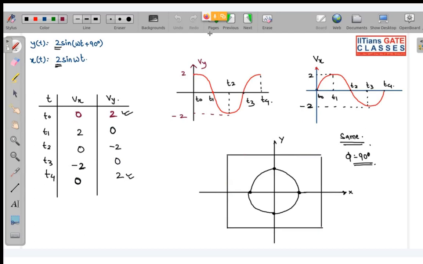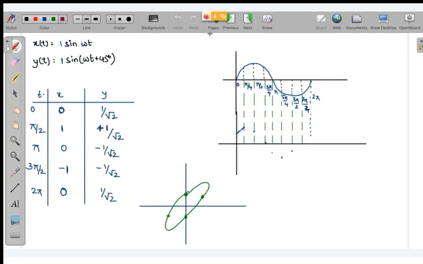Can anyone tell me the condition? A circle is a special case of an ellipse where the major axis and the minor axis are the same. In an ellipse there are two axes, one is the major axis, another is the minor axis.